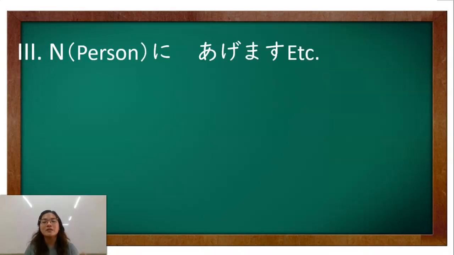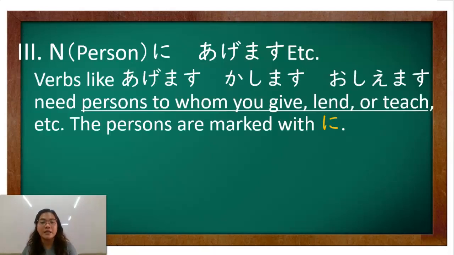Next up is noun person ni agemasu and etc. Agemasu is to give. So verbs like agemasu, kashimasu, oshemasu. Okay? So person whom you give, lend, or teach.